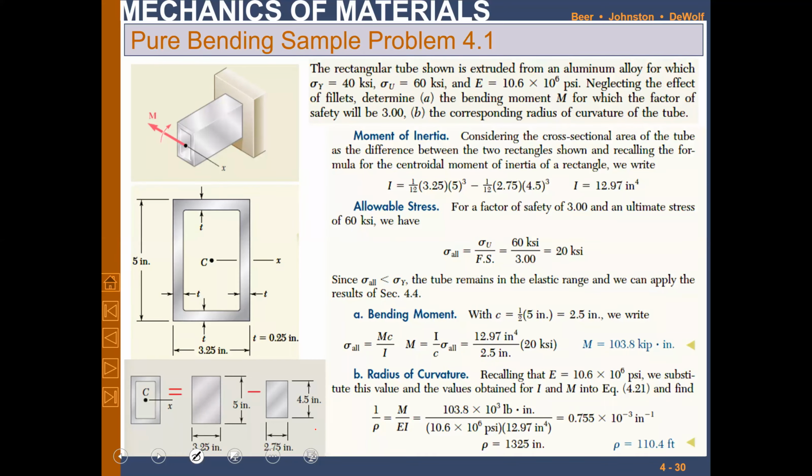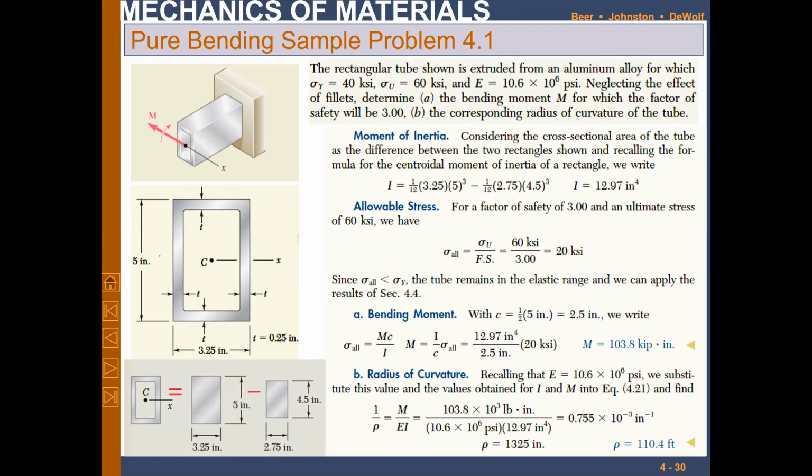Okay, fine. This is again an example, I think 4 point something. I can't see the exact example number here, but it's from the book. So what is it saying? A rectangular tube, which means it is hollow, extruded from an aluminum alloy, for which the normal yield strength is 40 ksi, ultimate stress is 60 ksi, and E, Young's modulus, is this one.